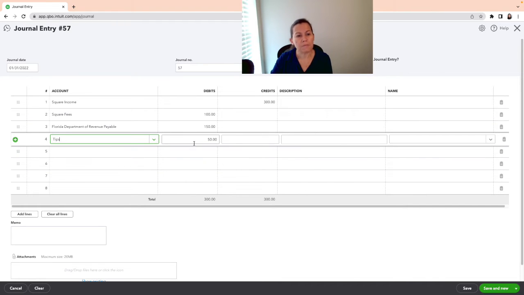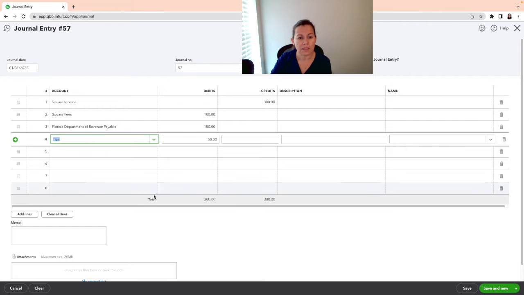So this should add to my profit and loss $300 into Square income, and it should account for Square fees, my taxes that were not recorded for whatever reason, just a difference in taxes, not the total thing, and the difference in tips. So this is an adjustment so that I can get to what is in Square, because whatever you have in QuickBooks Online for Square income and discount, here you could add also discount.